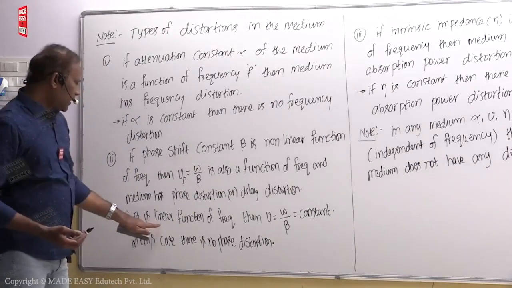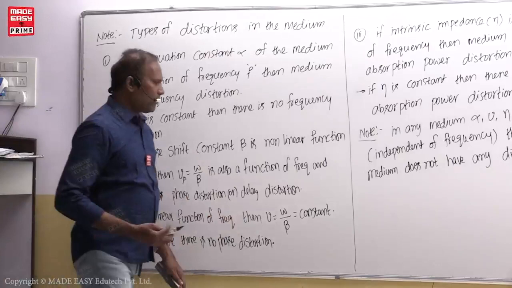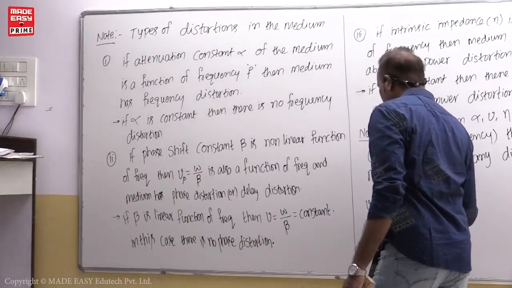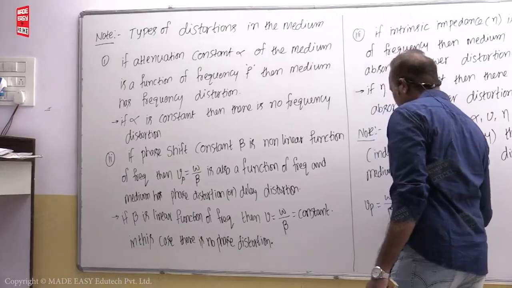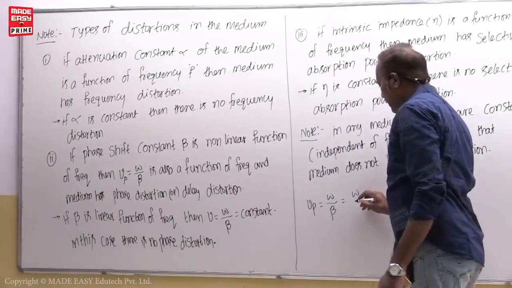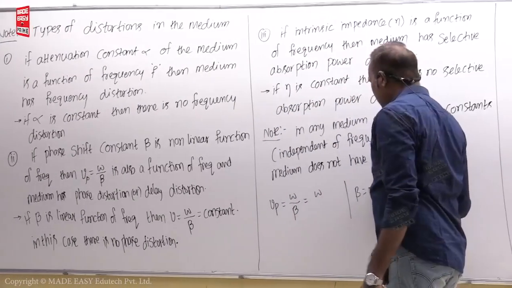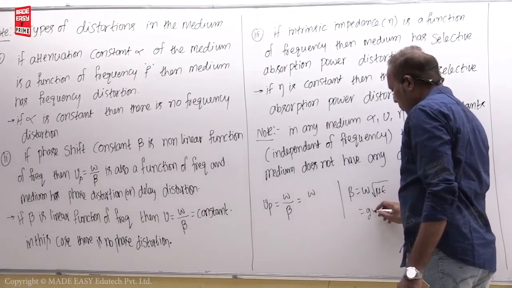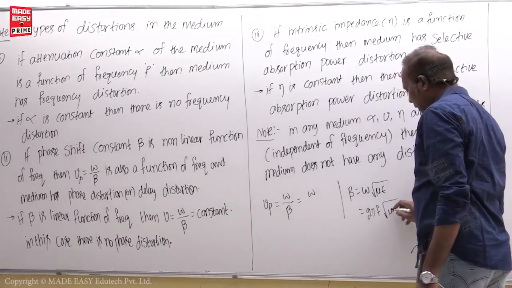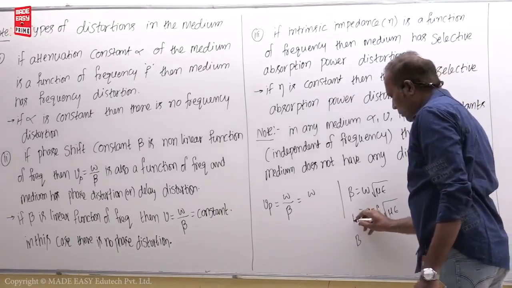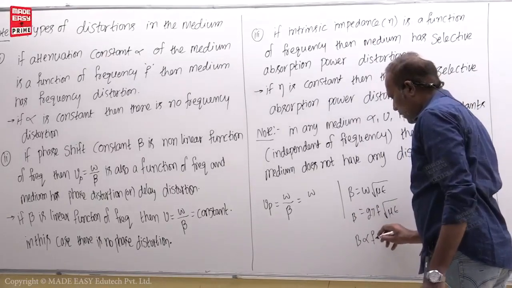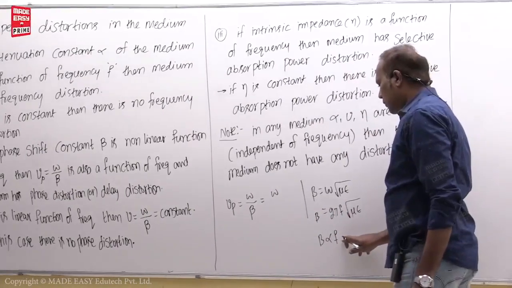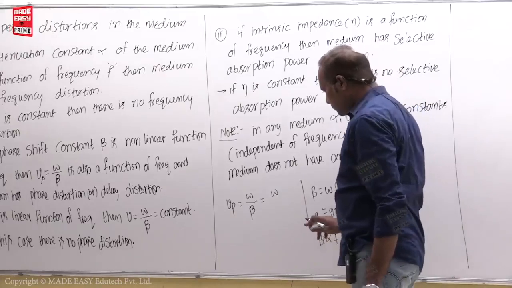If beta is a linear function of frequency, for example, phase velocity is equal to omega by beta. For some cases we get beta is equal to omega root mu epsilon. Omega is 2 pi f actually. So here beta is proportional to frequency. This is linear actually.